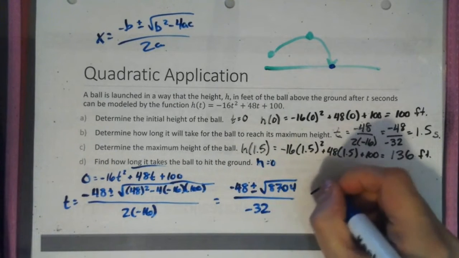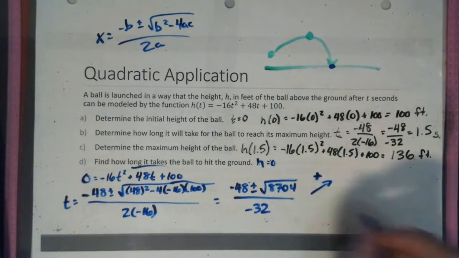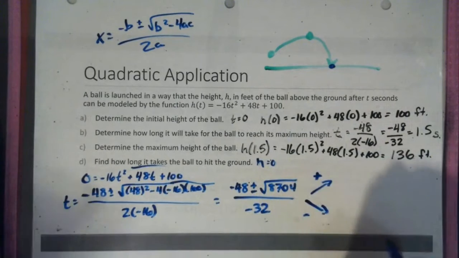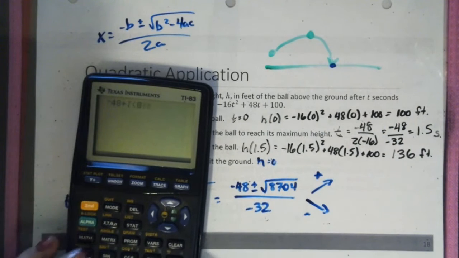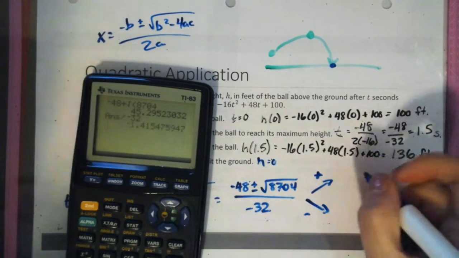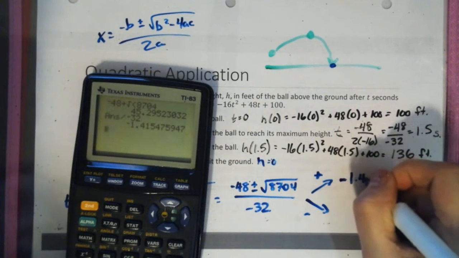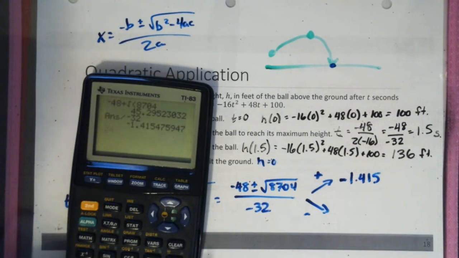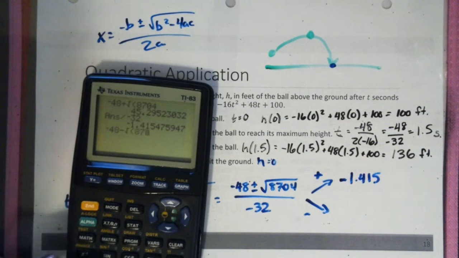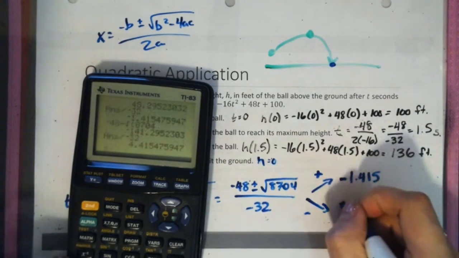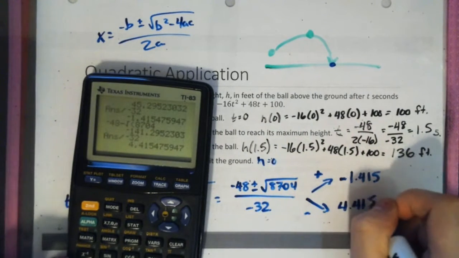Because of this plus or minus, we could either have the plus case or we could have the minus case. So if we have negative 48 plus the square root of 8704, and I divide that by negative 32, I'm looking at negative 1.415. If we do negative 48 minus the square root of 8704 and divide that by negative 32, I'm looking at 4.415.